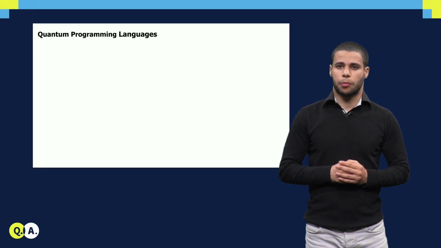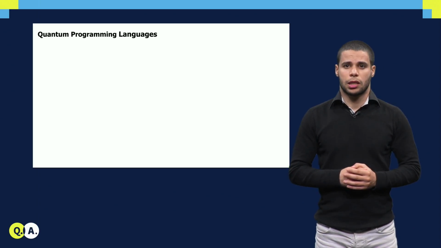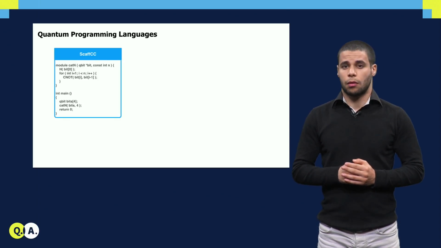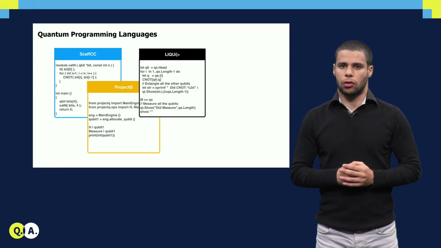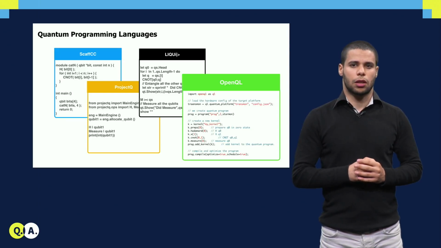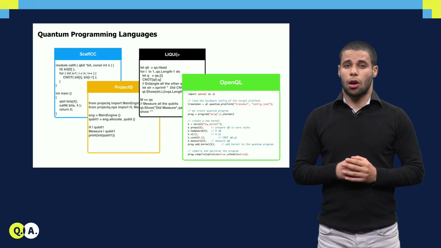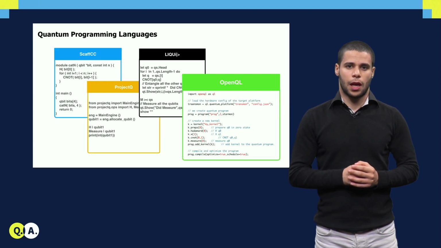Many research labs propose different quantum programming languages and frameworks, such as Scaffold from the University of Chicago, or ProjectQ from ETH Zurich, or Liquid from Microsoft. Here in QTech, we have designed the OpenQL framework, which allows the programmer to write his algorithm, including the quantum and the classical part.